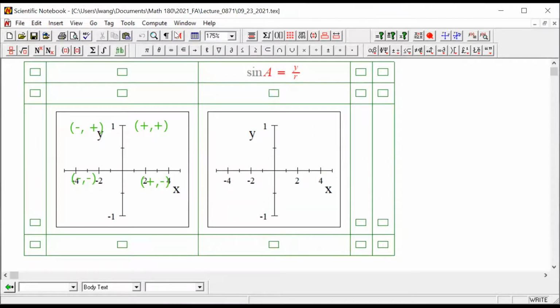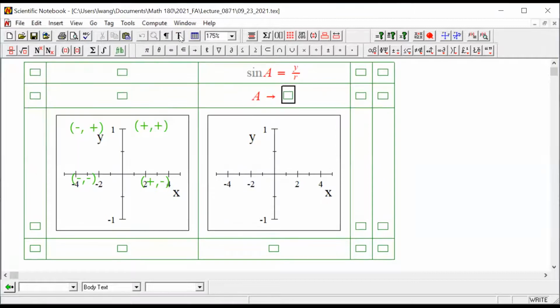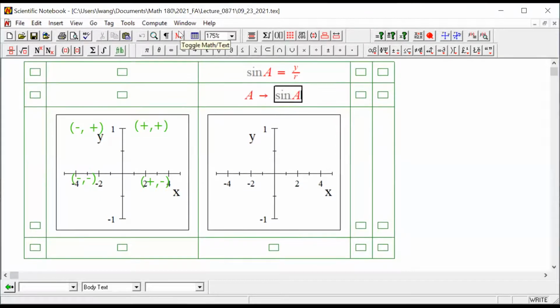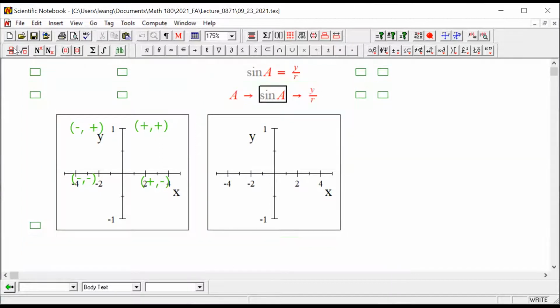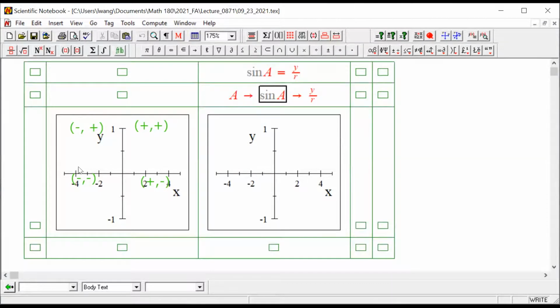Remember, sine is a rule. Sine of A is going to produce a ratio, and this ratio is y over r. We want to know the sign of this ratio.